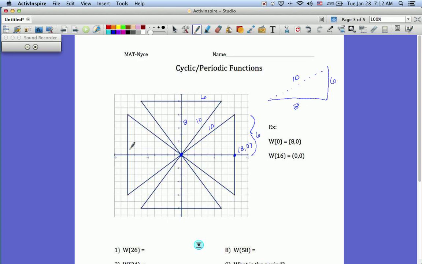It looks like all of these are 6 by 8 by 10. Yep, it is. So when I'm going around this guy and I'm doing 26, I'm doing 6, 16, 26. Boom. 6, comma, 8.